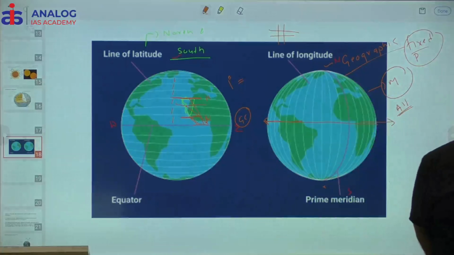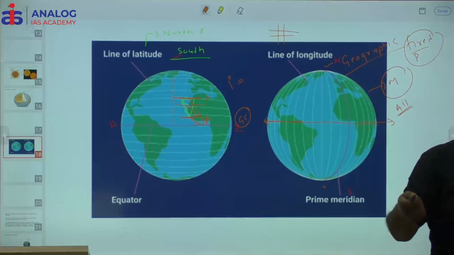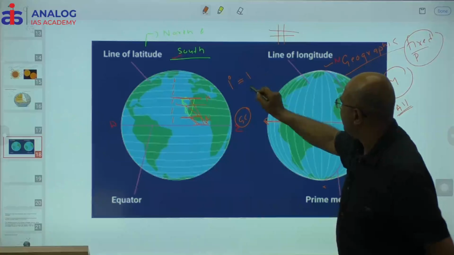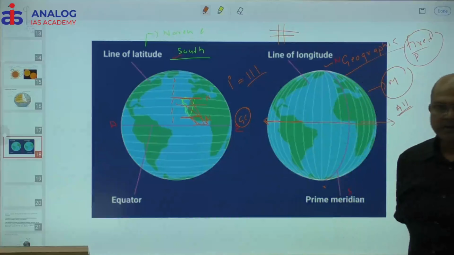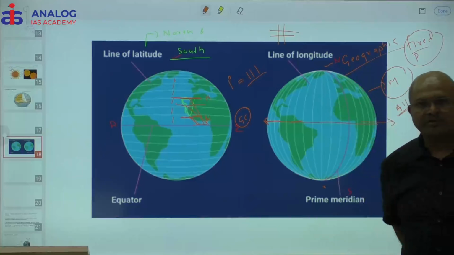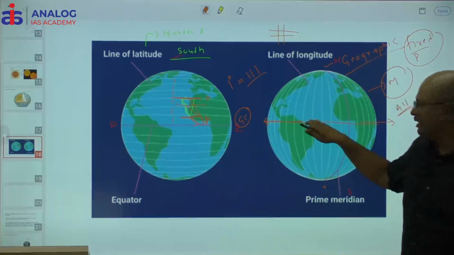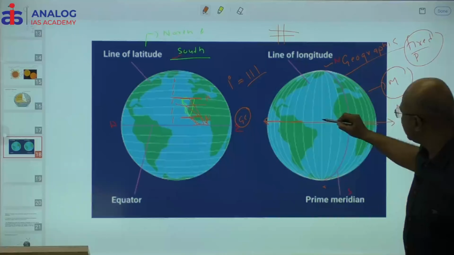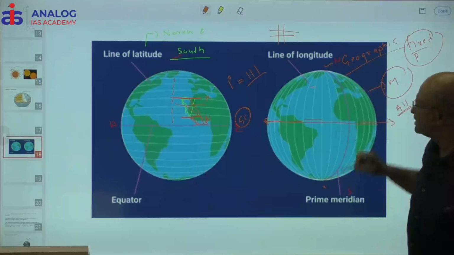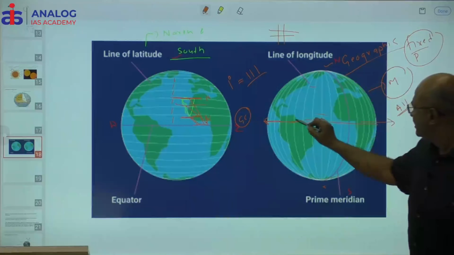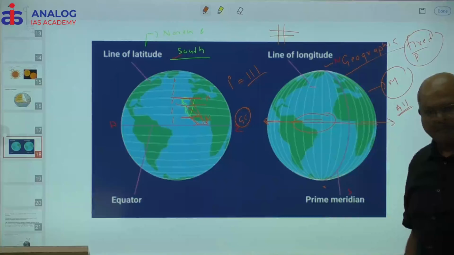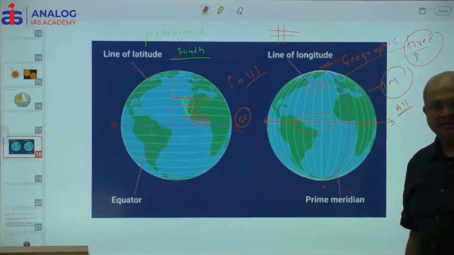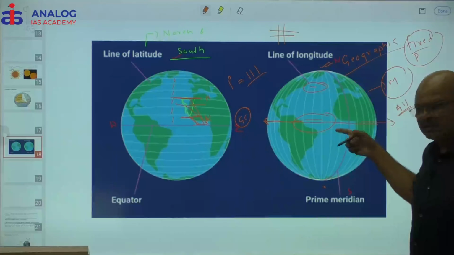Latitude: for every 1 degree of latitude distance, you will travel 111 kilometers. Now, is it the same for longitude? It is maximum at the equator, and the moment you move away from it, the distance reduces. Hence, speed of rotation is maximum at the equator, and toward the poles it is less.